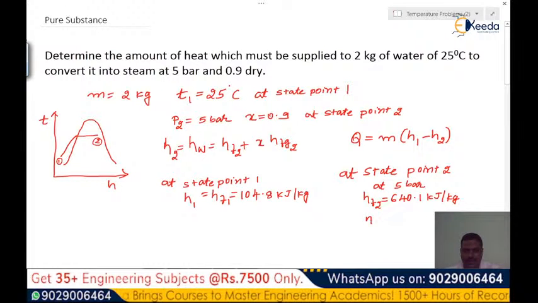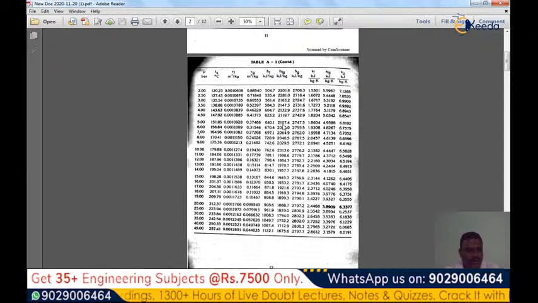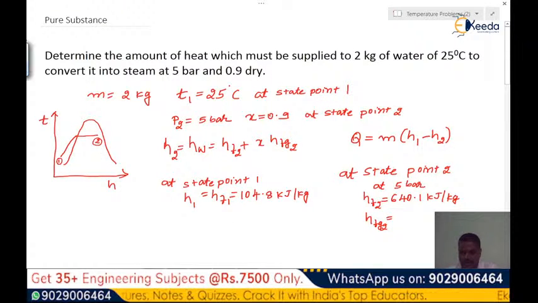Similarly, HFG2 at 5 bar is 2107.4 kilojoules per kg. Now we have HF2 and HFG2.